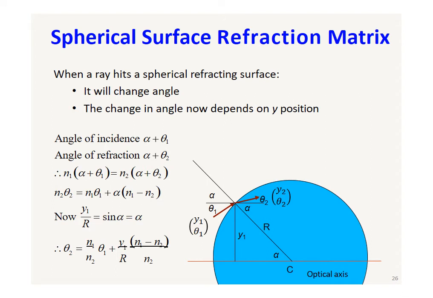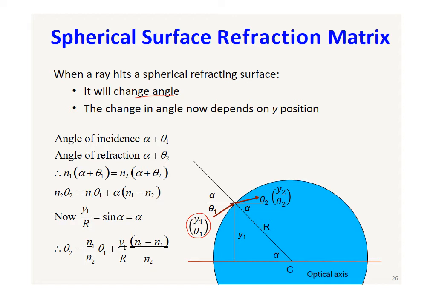If our ray down here, indicated by the vector y1 theta 1, hits a spherical surface, it will refract and change angle. Now, most importantly, the angle that it changes to depends on its y.